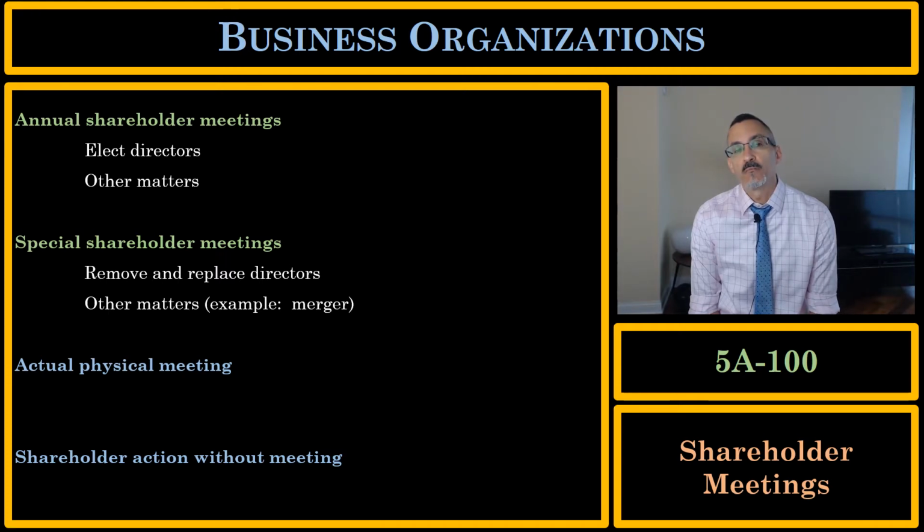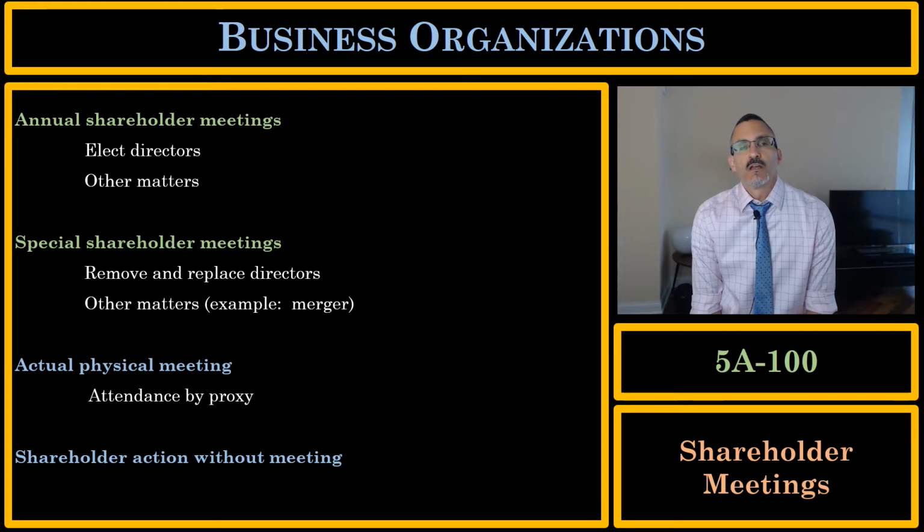There may be other matters that we will bring to a shareholder vote at a special meeting. So for example, if the corporation is going to engage in a merger and the annual shareholders meeting is still several months away and we want a decision now, we will call a special shareholders meeting to decide the matter.